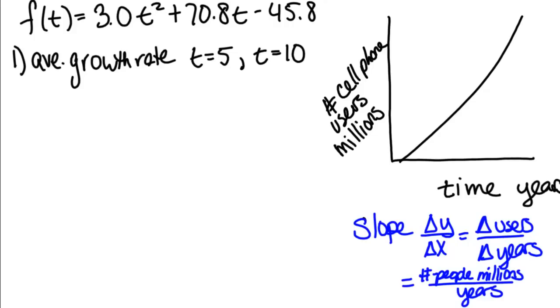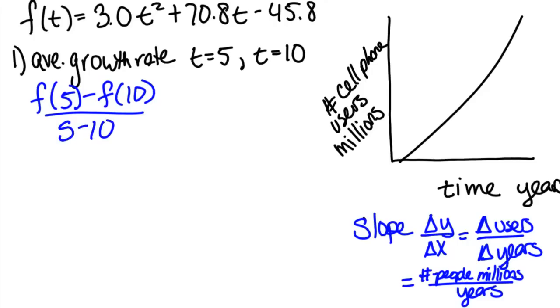All right, so if we're trying to figure this out, what do we need? We need f of 5 minus f of 10 over 5 minus 10, change in y over change in x.